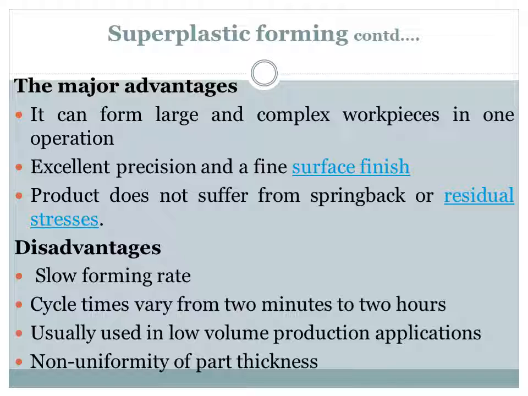But the main disadvantages are it is a slow forming rate because we are applying pressure from one side, and the sheet takes the required shape with slow forming rate, and cycle times vary from 2 minutes to 2 hours.